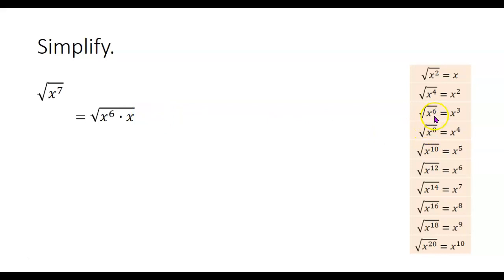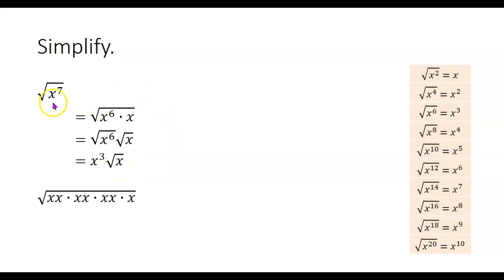And we can take the square root of x to the 6th and get x to the 3rd power. And then we still have the square root of x that we can't do anything more with. We'll have to just leave that part as the square root of x. So the square root of x to the 7th simplifies to x to the 3rd times the square root of x. We got most of the x's out from under the square root sign, but there was still one left over underneath the radical sign.